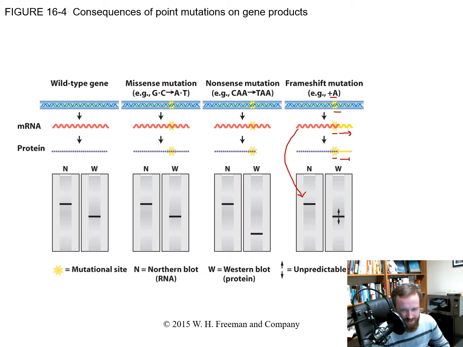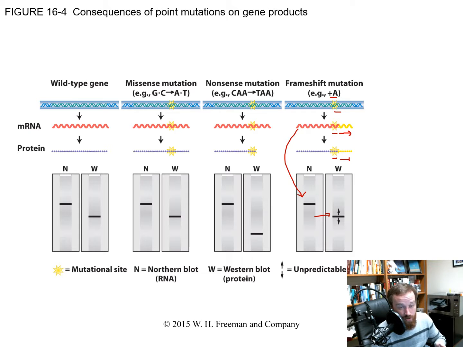So what's interesting here is you might notice that it says we can have either shorter or longer proteins as a result of this frame shift mutation. So think about that for a minute. How is it that we can get either longer or shorter proteins because of a frame shift? Well, you have to remember that the way the translation machinery stops a protein is with those stop codons.